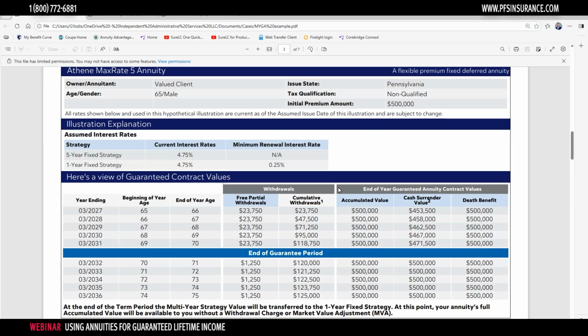So that's using the MYGA really for conservative people. I would say because the interest rate can fluctuate up and down over that 5-year period, or at the end of the 5-year period, it's not going to be as predictable as income, but it's really for somebody who doesn't want to touch their principal.